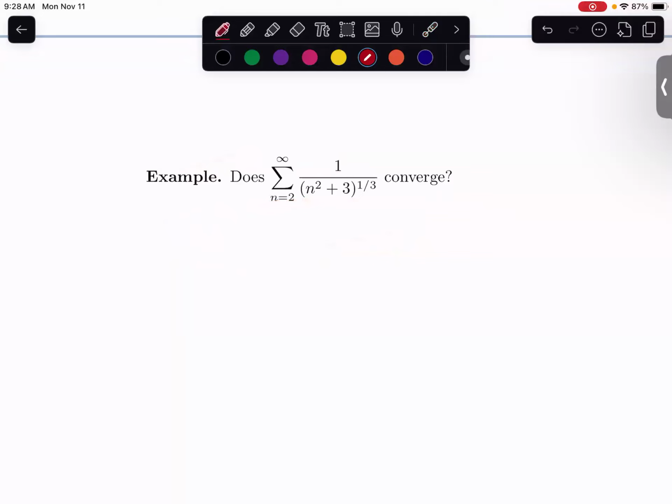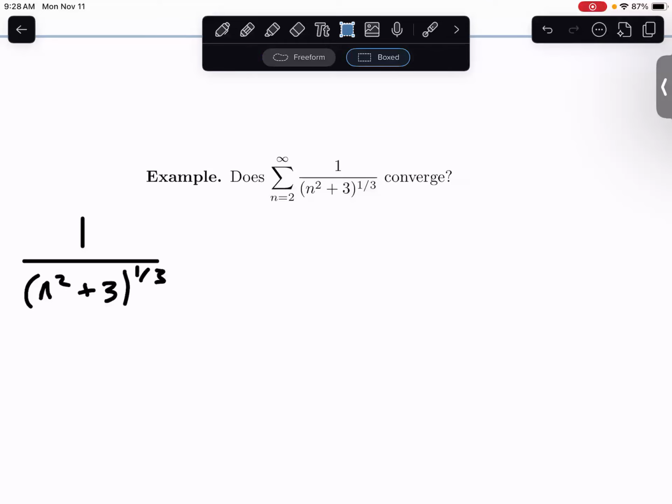So the idea is, let's think in terms of what's going on with the denominator. This is the original sequence that we have. It's a little hand wavy, or maybe I'm going to be a little loosey-goosey with this, but we want to find a sequence that this is going to be less than or equal to. Or, hold on.